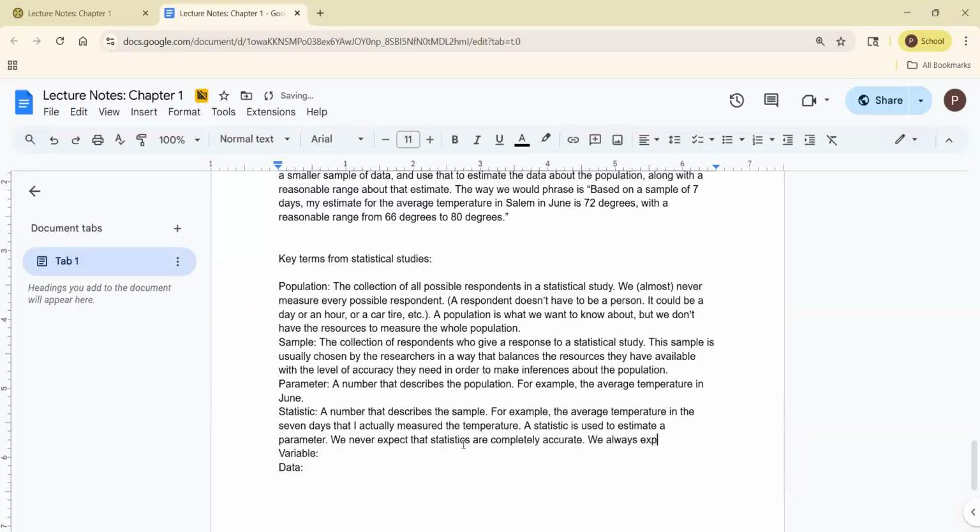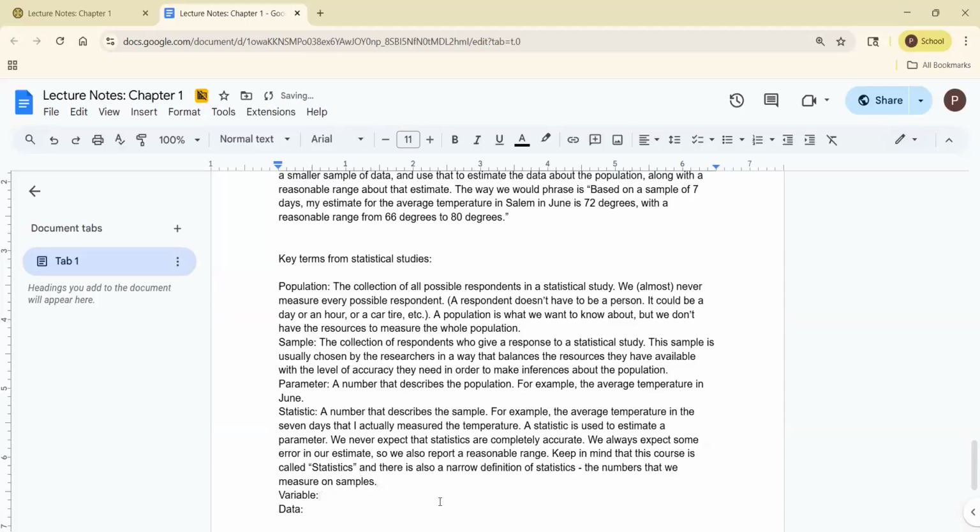We always expect some error in our estimate, so we also report a reasonable range. Keep in mind that this course is called statistics, and there is also a narrow definition of statistics: numbers that we measure on samples.